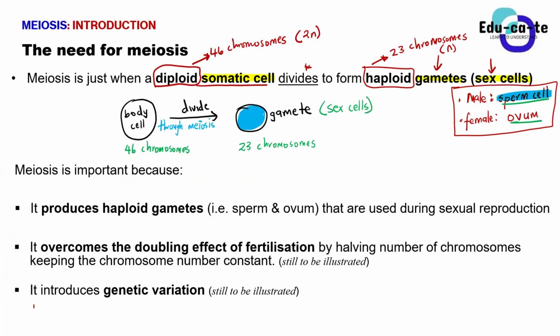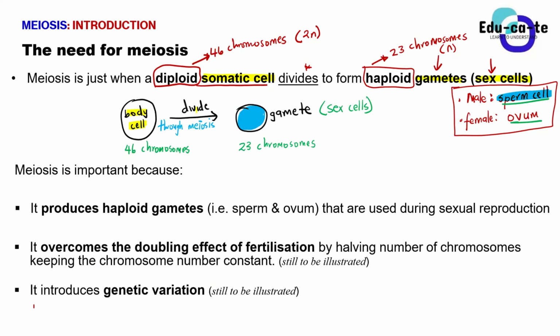So basically, the meiosis process simply means that we are having a body cell, or a somatic cell. I repeat again for the millionth time. It's a cell of your body, and that cell is going through a process of division.